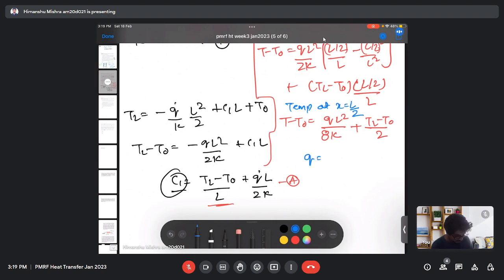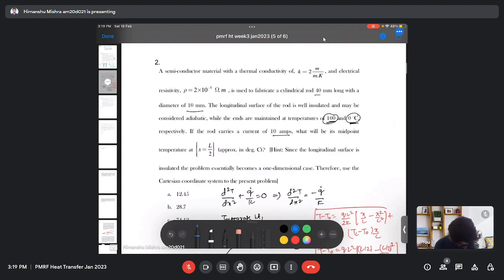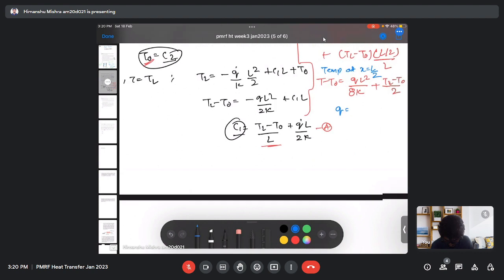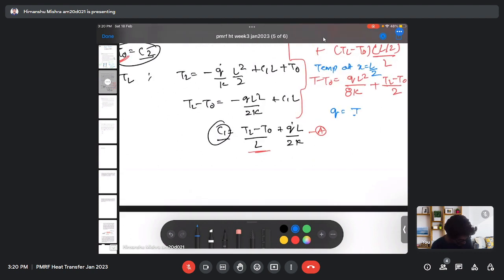To find Q, we have been given the resistivity and the current, so we will use this relation.